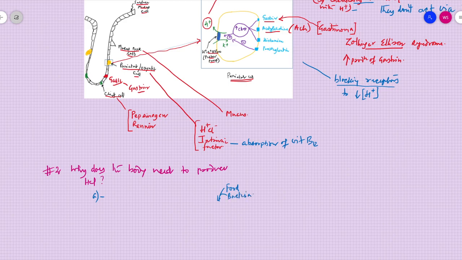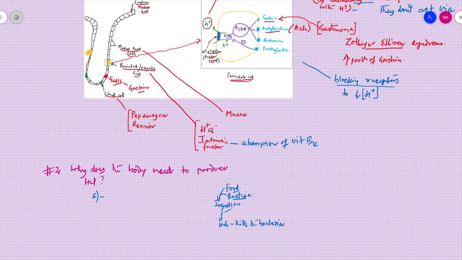Okay, so in ingestion, the food along with the bacteria is ingested. And once it reaches the stomach, the HCl kills the bacteria. So the first function is to protect the body from potentially harmful bacteria.